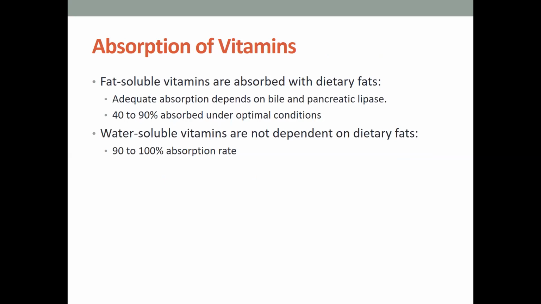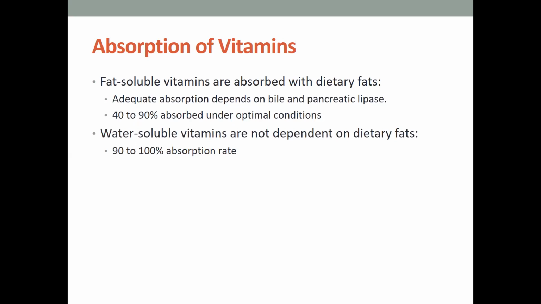Now here we're still talking about vitamins generically, but there's a difference between fat and water soluble. Fat-soluble vitamins, not surprisingly, are absorbed with dietary fats. In order to absorb them, it's just like absorbing fat. You need bile, and you need enzymes to break up the fat. So pancreatic lipase is an important enzyme.